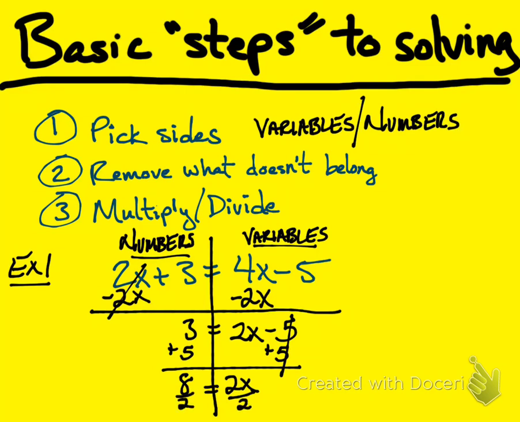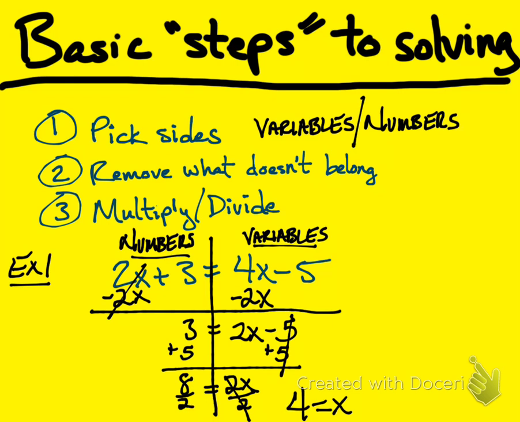Usually it's going to be divide, but in general you do the opposite of whatever the operation is. So if this is 2 times x, I'm going to undo that by dividing because we want to get that x by itself. 8 divided by 2 is 4, and 4 equals x. Okay? That's your solving.